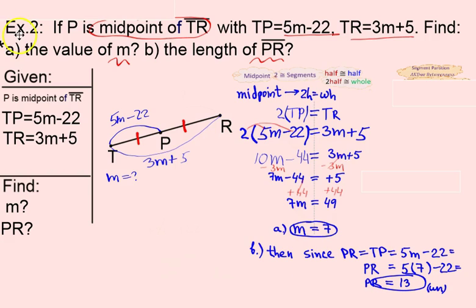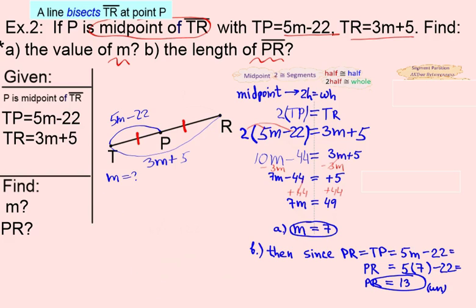It is very important to realize that absolutely the same procedure would be appropriate in the case when this kind of a question is worded slightly differently. Specifically, if instead of the word P is midpoint of TR, there is a phrase that there is a bisector of some sort.